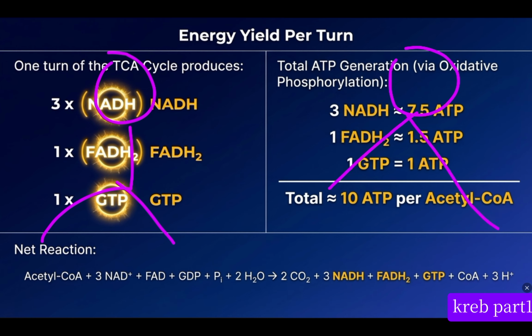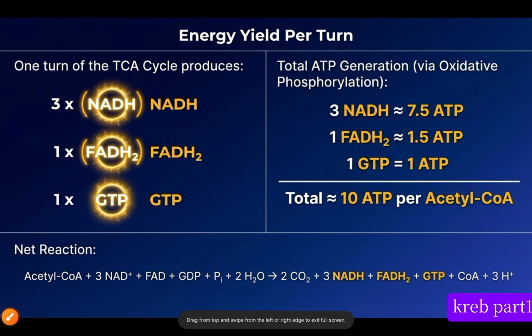So 1 molecule of glucose is capable of producing a huge amount of energy, about 15 to 20, or even 30. So 1 turn of the tricarboxylic acid cycle, what is it doing? It is producing 3 NADH, 1 FADH, and 1 GTP.